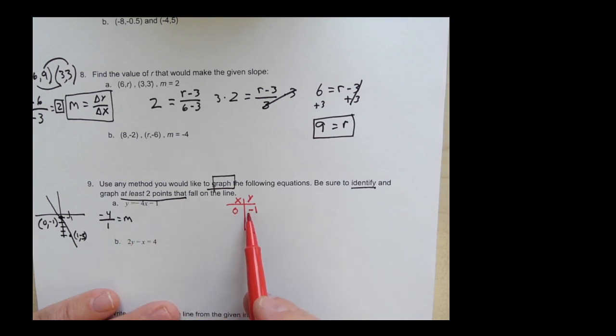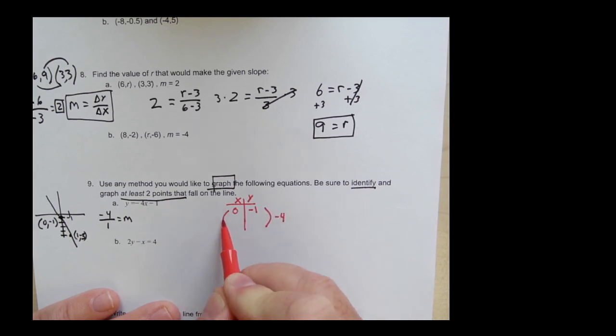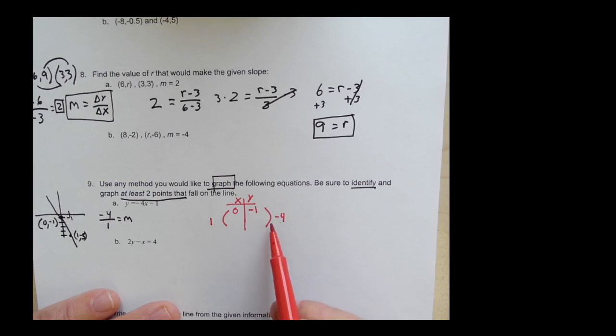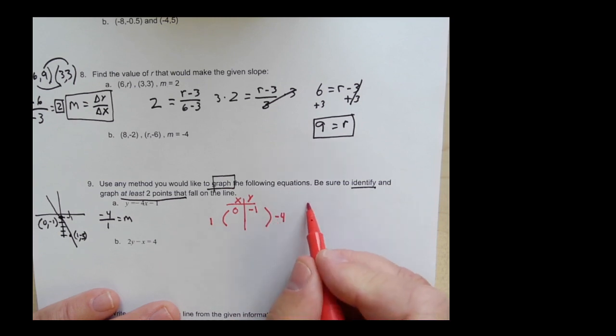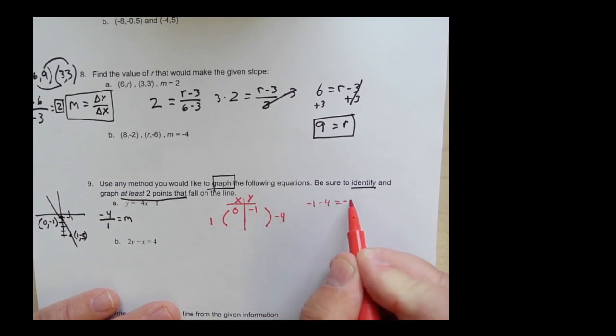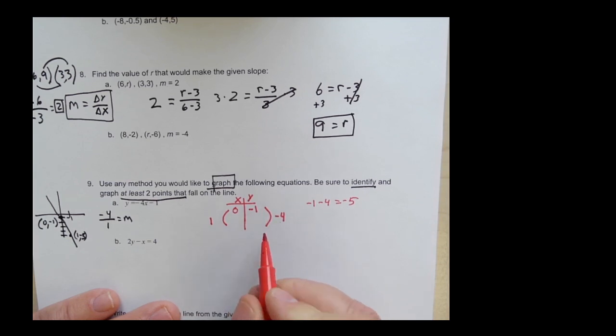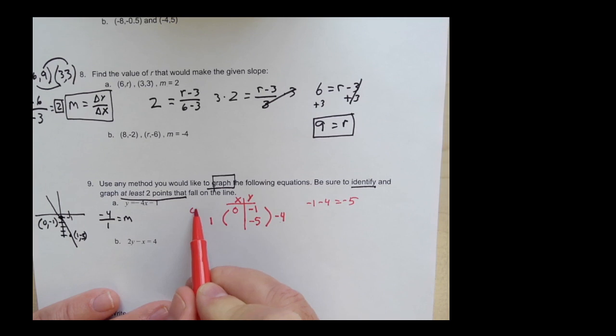So here's one point. We know it right from here. And then if we do change in y over change in x, we're going to get that. So take away 4 from here. -1 minus 4 equals -5, or you can kind of realize you're going down. 0 minus 1 is -1.